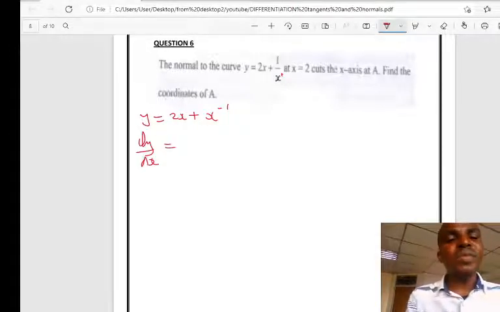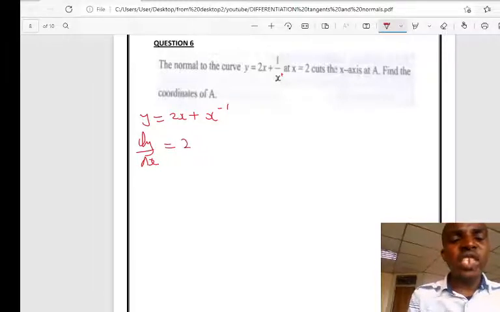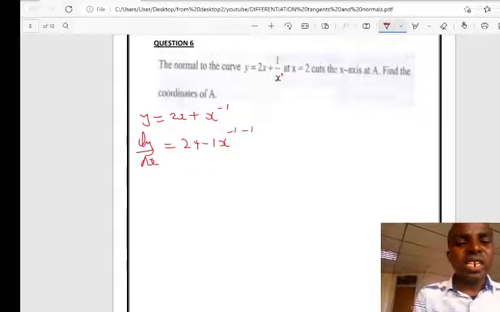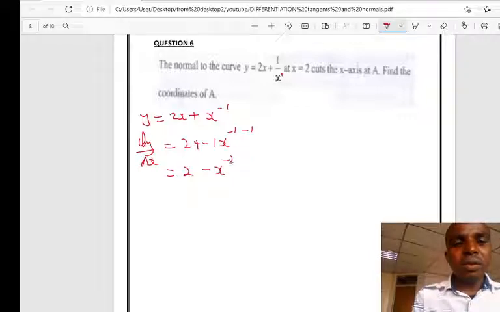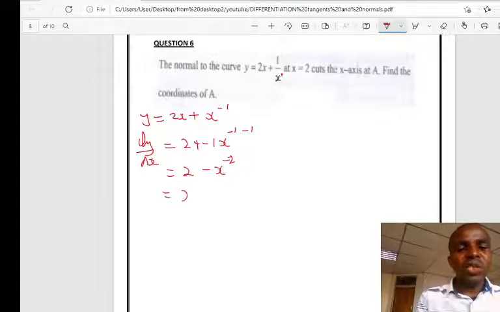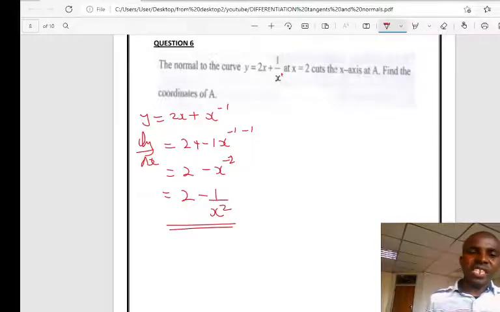Differentiating 2x, you get 2, plus you bring down minus 1, x to the power minus 1 minus 1. It will be 2 minus x to the power minus 2. This is the same as 2 minus 1 over x squared.